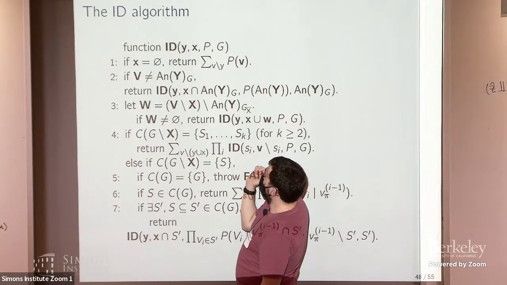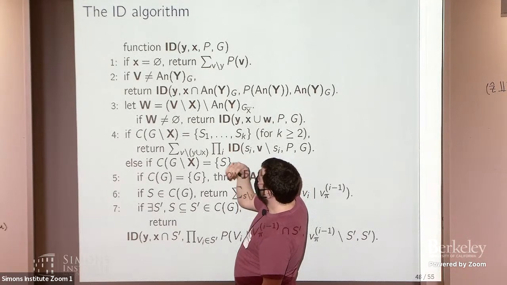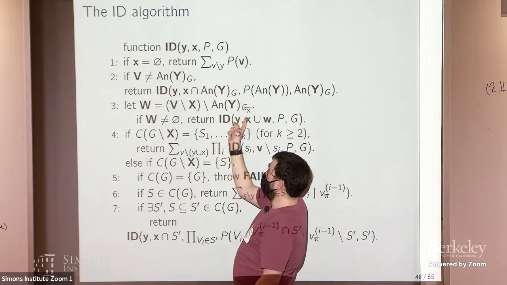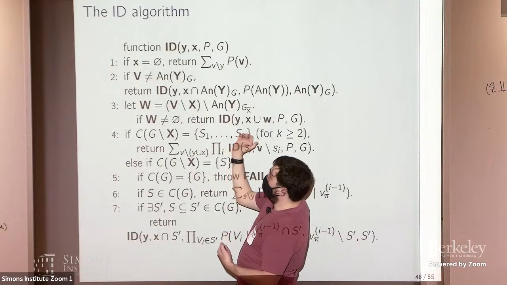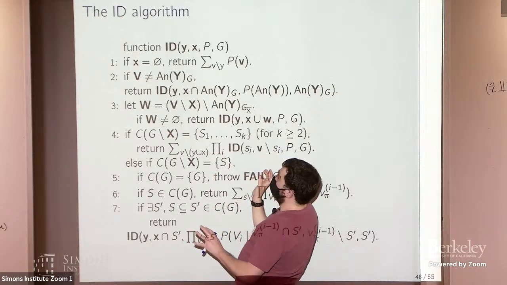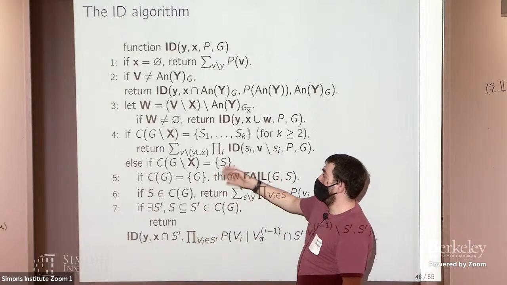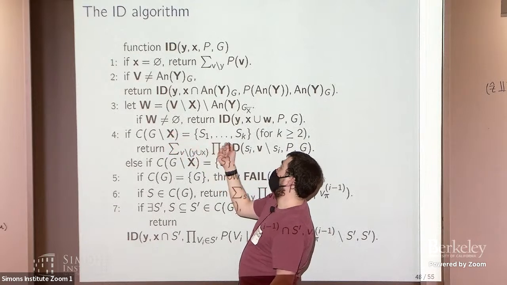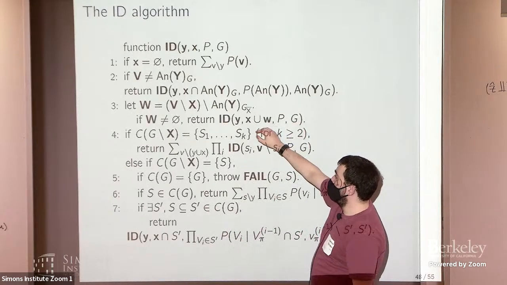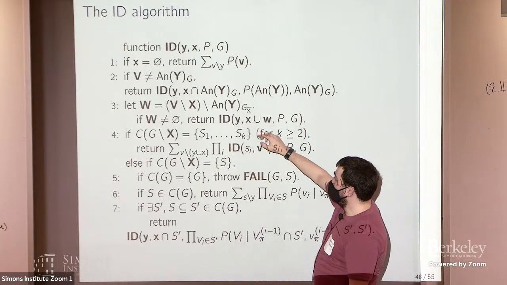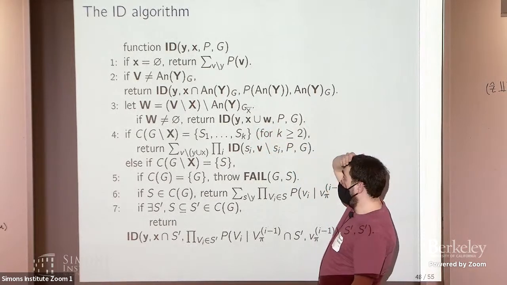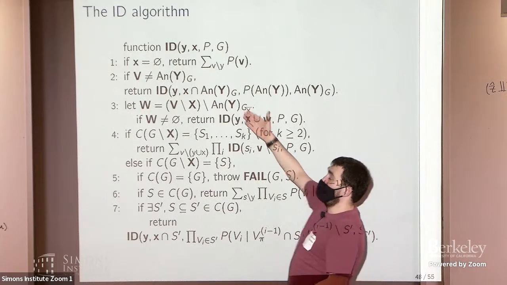If you have vertices W that are not in X and not in the ancestors of Y, you look at the set of vertices that are not in X and not in the ancestors of Y when you've done the intervention, and if this set is not empty, then you have to augment the set of intervention variables to include these. This is, I think, maybe the most mysterious step, because somehow you're getting some assignment for W that you didn't provide to the algorithm.